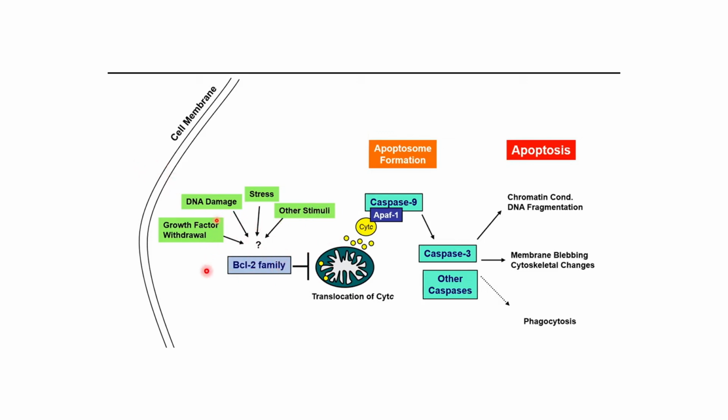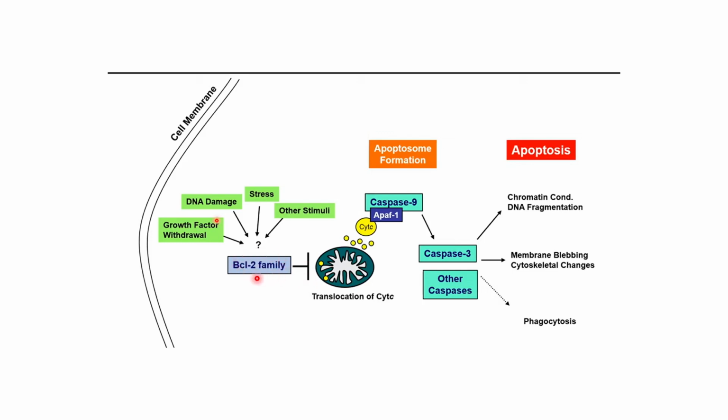Okay, but the intrinsic mechanism helps to regulate the apoptosis mechanism. So this stress or other stimuli or DNA damage work on this BCL2 family. Okay, BCL2 family generally helps to limit the apoptosis process. Okay, as we discussed earlier, BCL2 is an inhibitor of apoptosis.